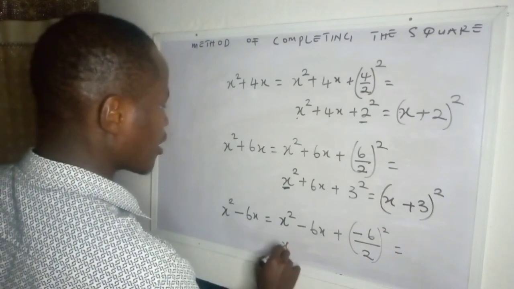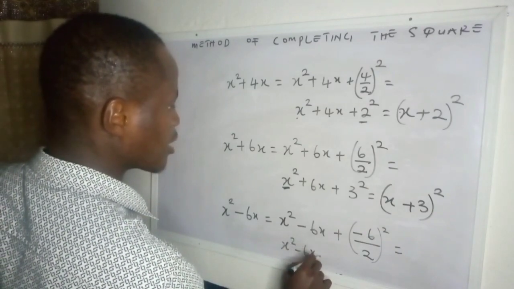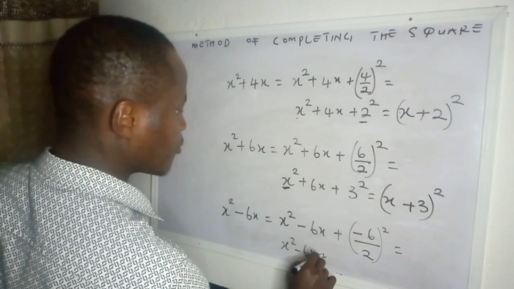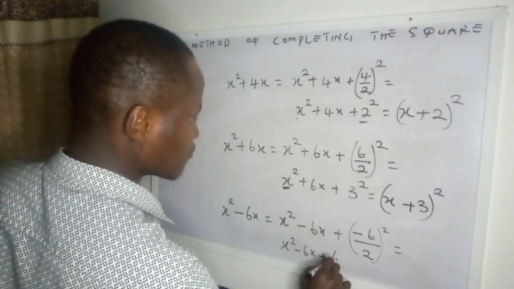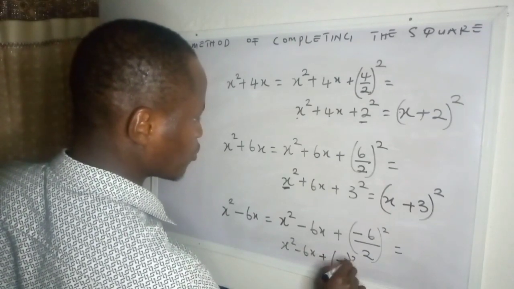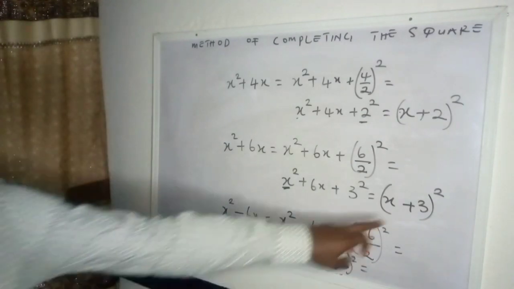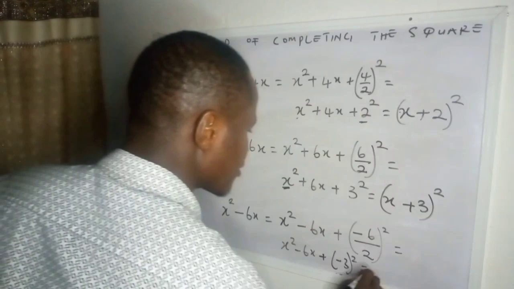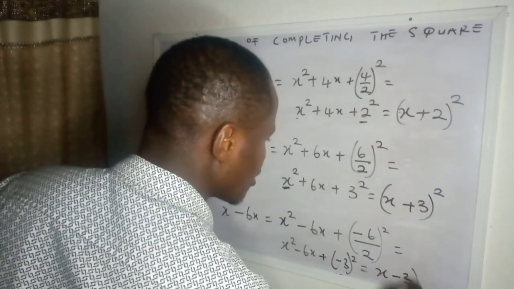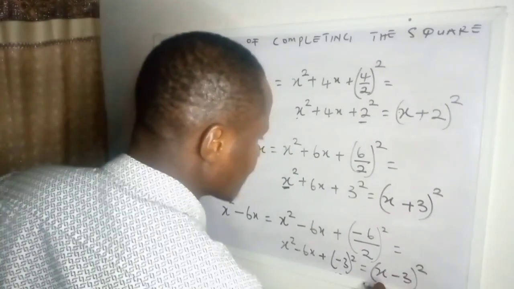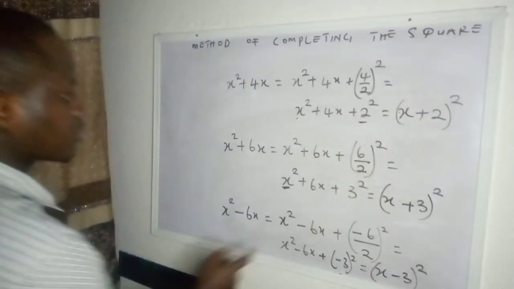This will give me x squared minus 6x plus (minus 3) all squared. Now in perfect square form, this is the same thing as (x minus 3) all squared. If I expand this, I'm going to get this.